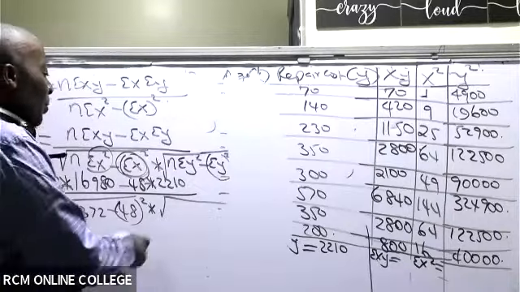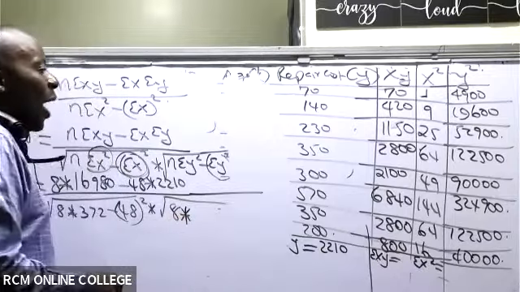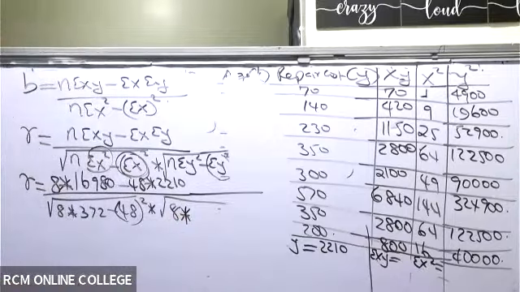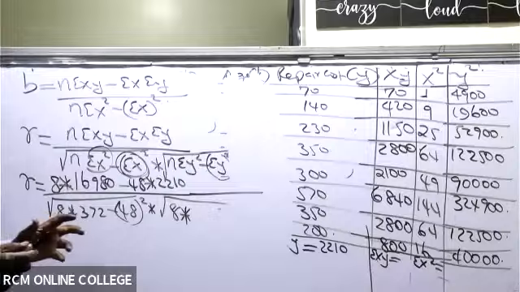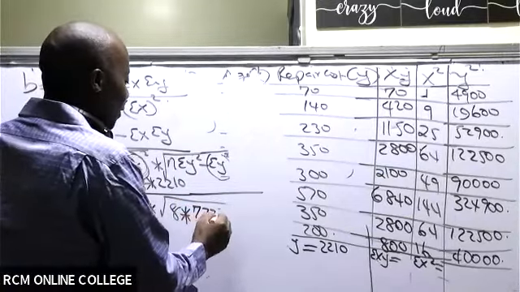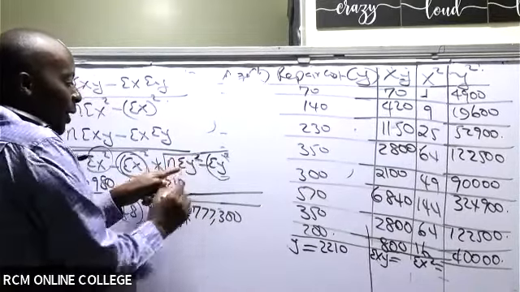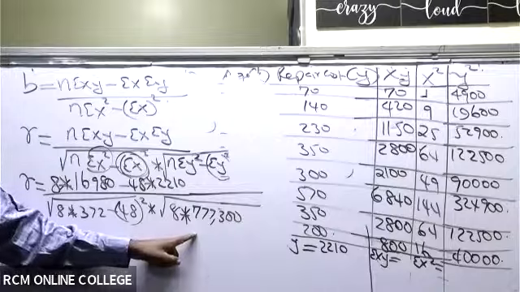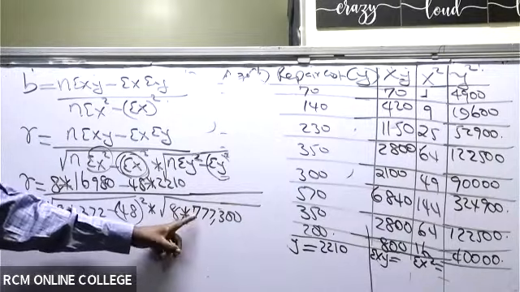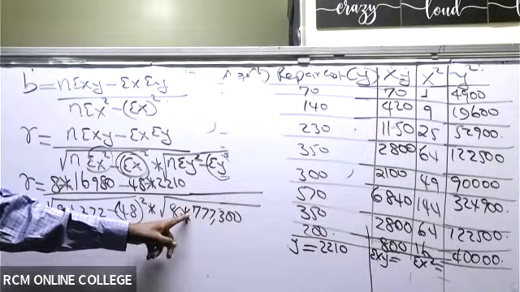we have n, which is 8, times summation of y squared. Summation of y squared, you guys gave me a big number. Was it 777,300? Are you able to remember this number, 777,300?